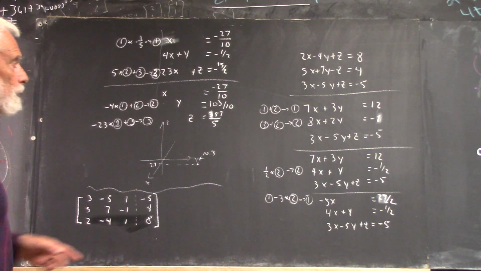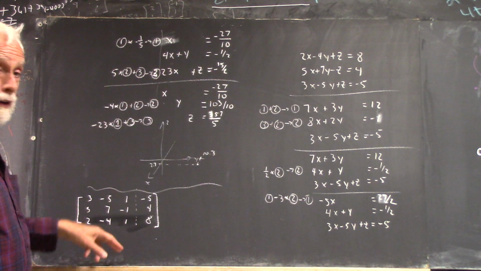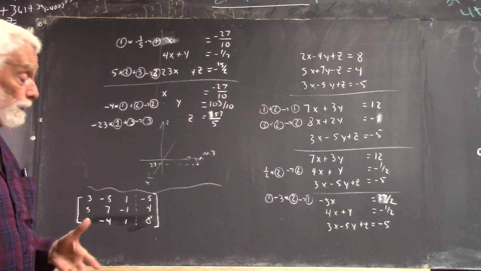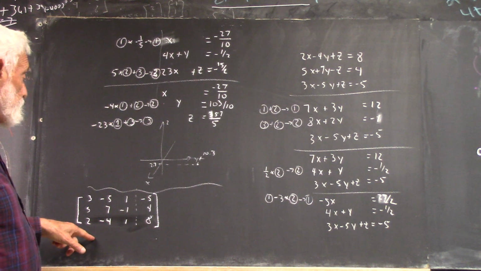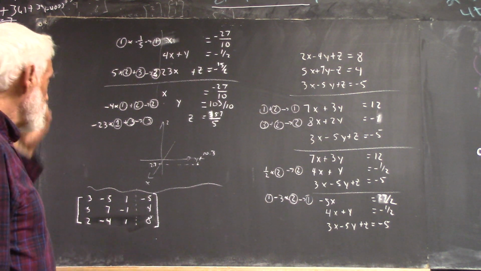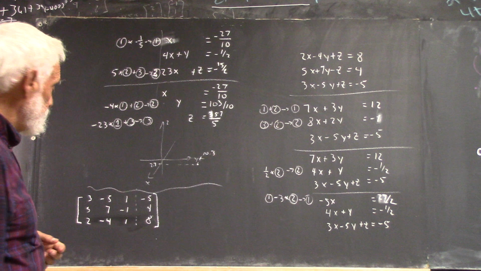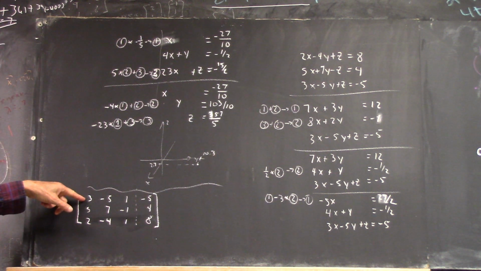Now, it's really easy to eliminate z because I have just the ones and the negative ones, right? I did that for that illustration. But for this one, I'm going to start out by doing 1/3 of this row.